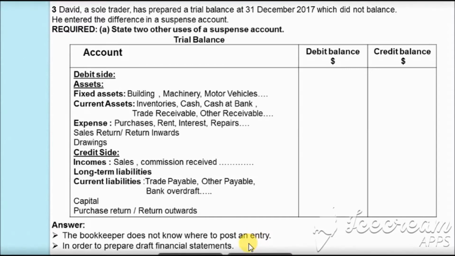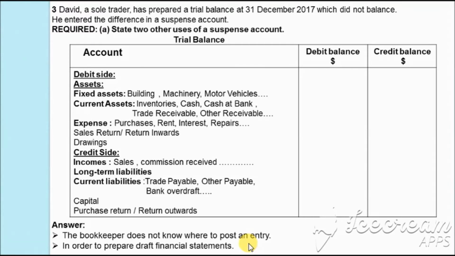And the other use is, say in business it sometimes happens that they need to take different decisions, like in the middle of the year they need to take a financial decision based on the sales. So what they can do is draft the financial statements. These are not the actual or annual financial statements, these are temporary financial statements drafted for specific decisions.